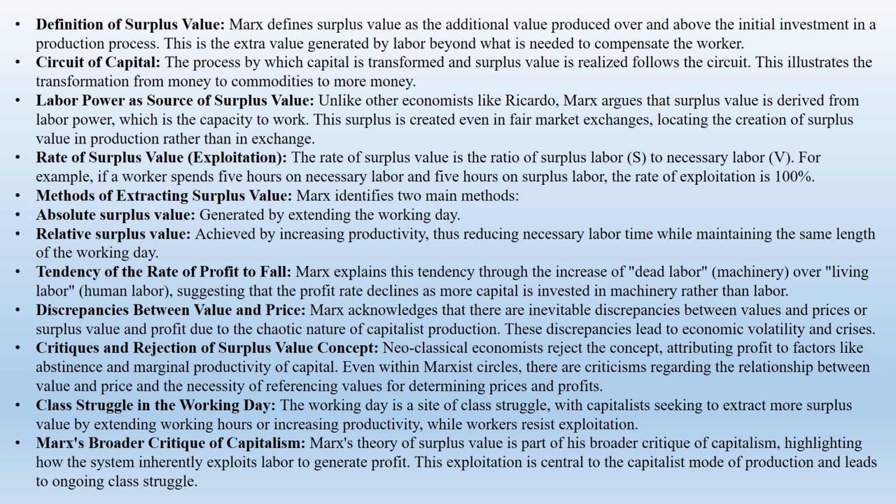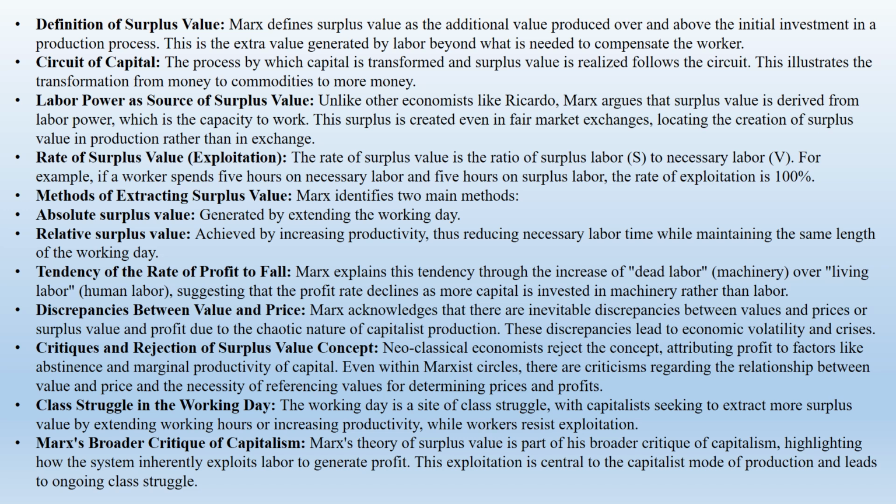Marx identifies two main methods by which surplus value is extracted: absolute surplus value and relative surplus value. Absolute surplus value is generated by extending the working day, thus increasing the total amount of surplus labor. Relative surplus value, on the other hand, is achieved by reducing the amount of necessary labor while maintaining the same length of working day.